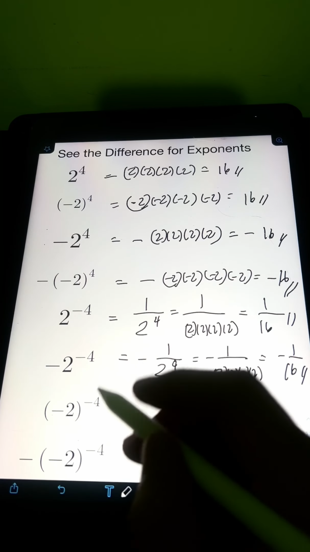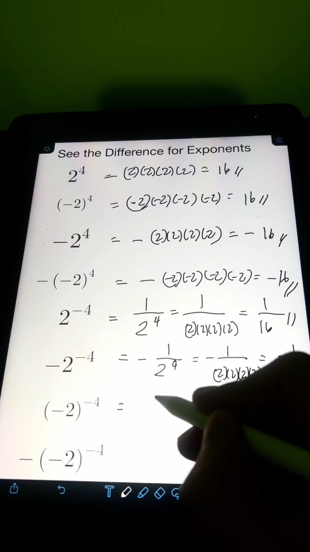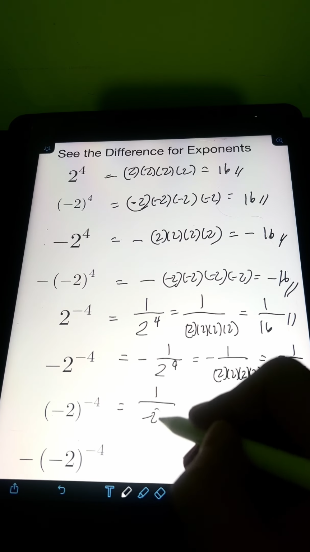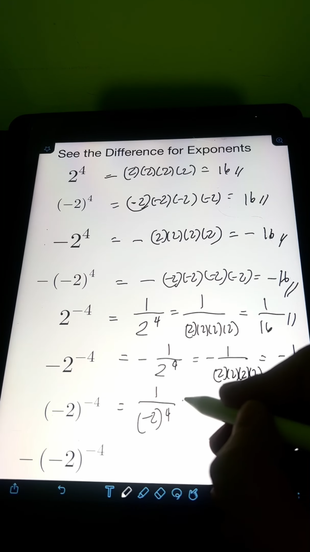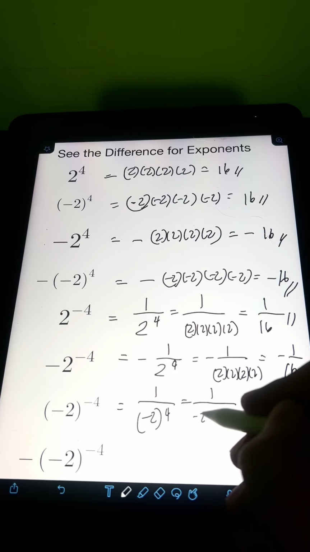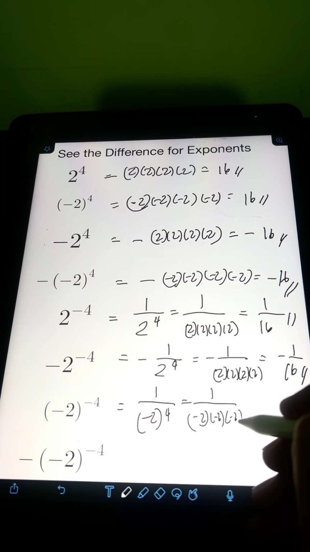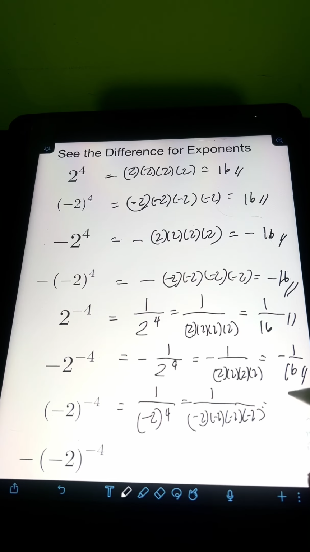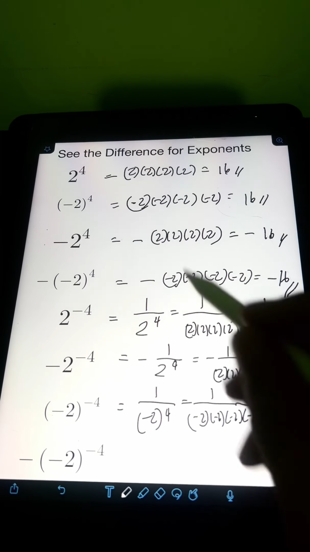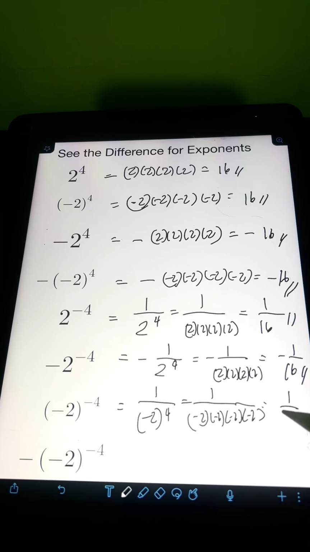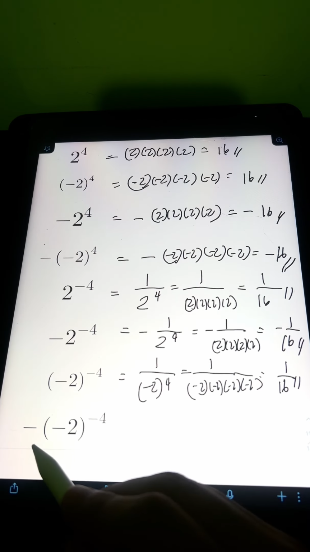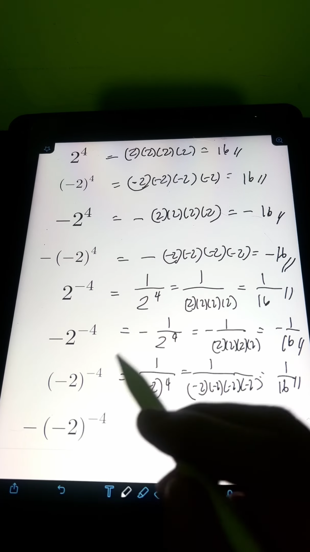Next, negative 2 to the negative 4. Again, the base is negative 2. So we will have 1 over negative 2 raised to the fourth. So that's equal to 1 over 4 factors of negative 2. We know that 4 factors of negative 2 is equal to positive 16. So 1 over 16. And then finally, we have negative of negative 2 raised to negative 4.